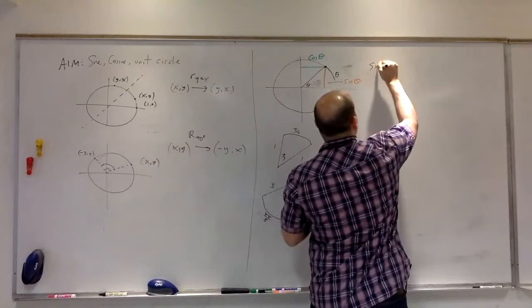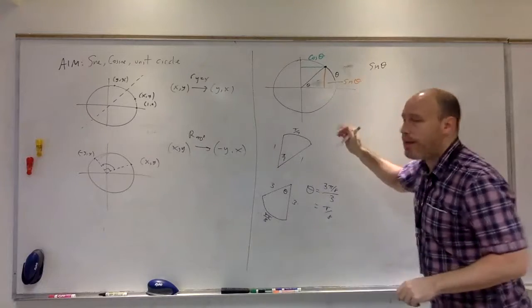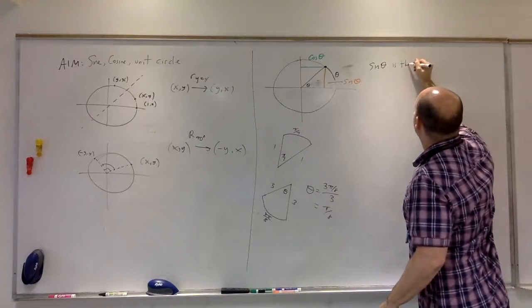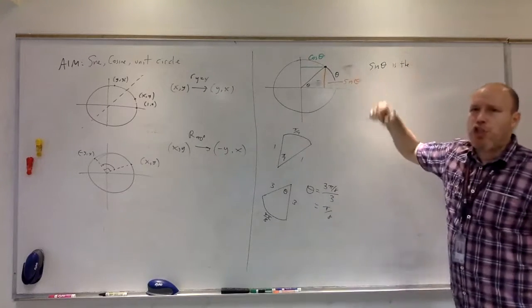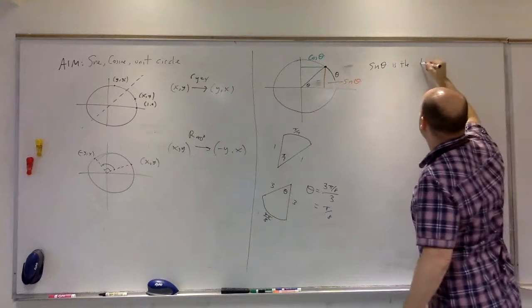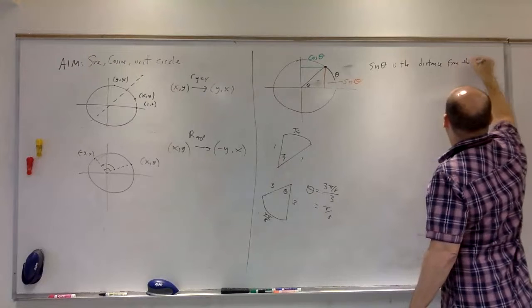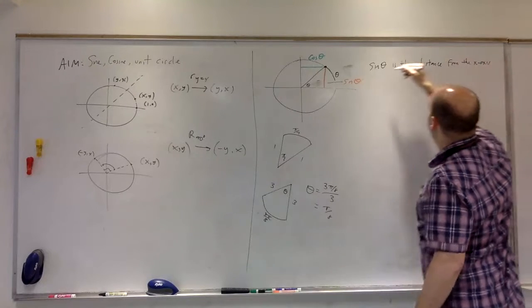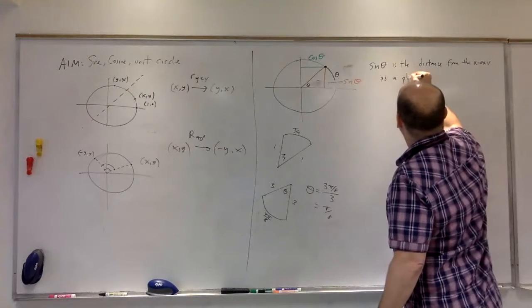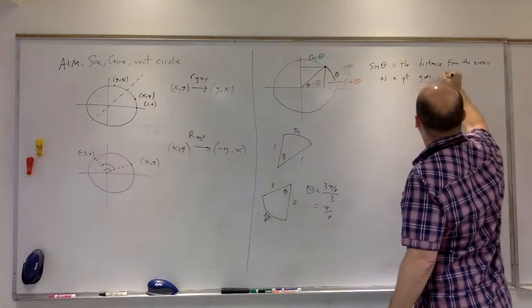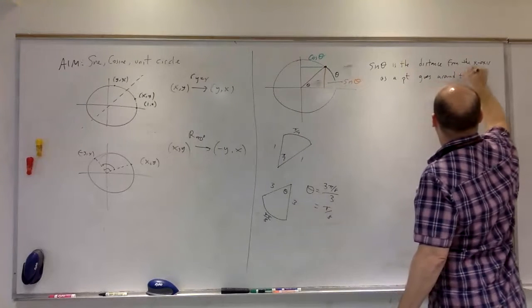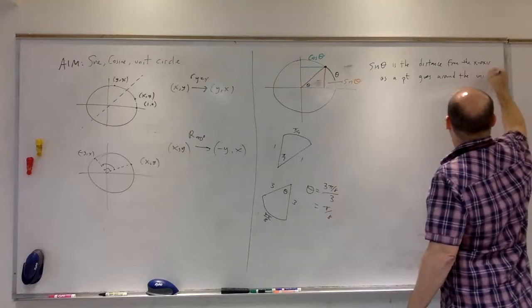The sine function is the distance from the x-axis as a point goes around the unit circle.